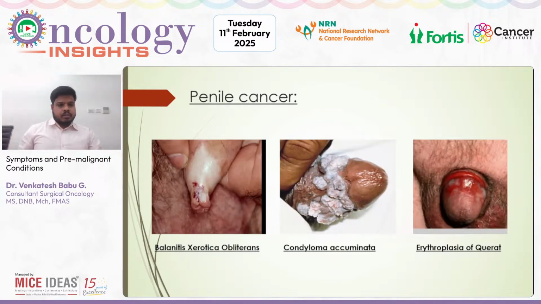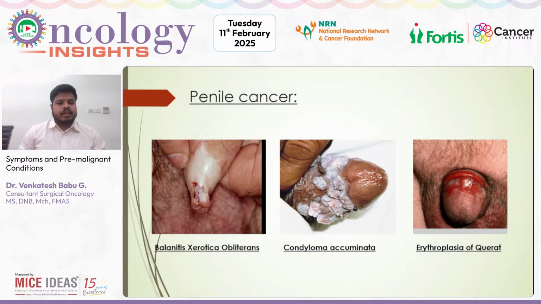And coming to penile carcinoma, there are multiple risk factors which include HPV virus, lack of hygiene, and even smoking. All those things can be a risk factor for penile carcinoma. And the pre-malignant lesions associated with penile carcinoma can be classified into HPV related and HPV non-related.